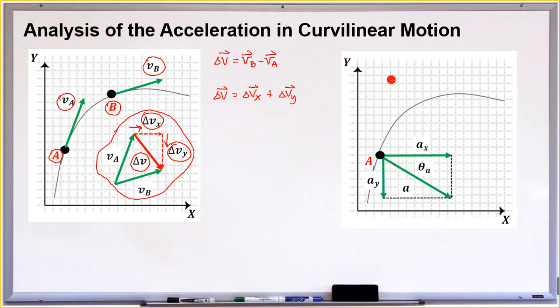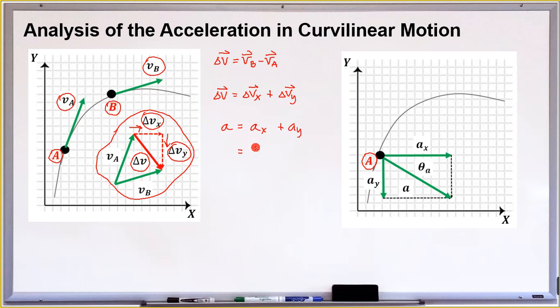So that is why on the right side, on this picture shown in the right, we have here the particle at point A. So how can we get its acceleration? The acceleration is simply the sum of its acceleration components. So that is ax plus ay, and we all know that the acceleration is the instantaneous change of the velocity, no?